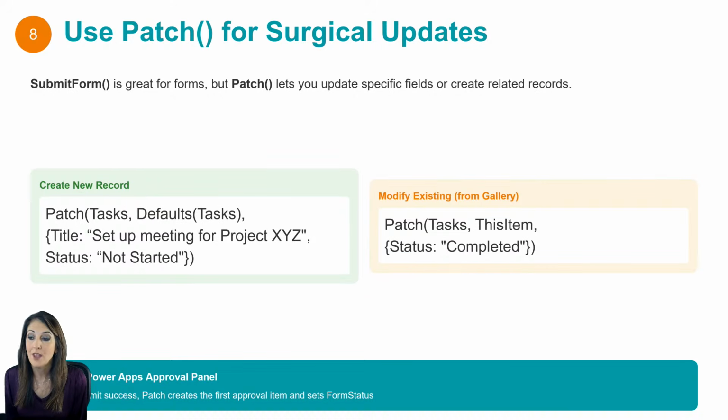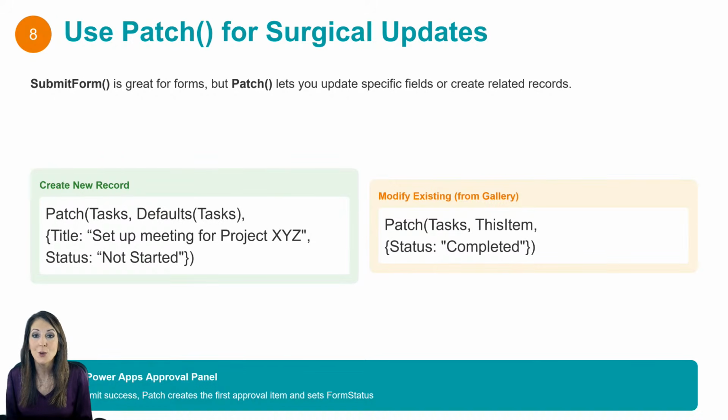And then Patch is going to be very manual. Patch is if you have to do something like quickly set a status, or quickly update maybe one little field, or quickly create an item and set certain field values, behind the scenes without having to have a form control.